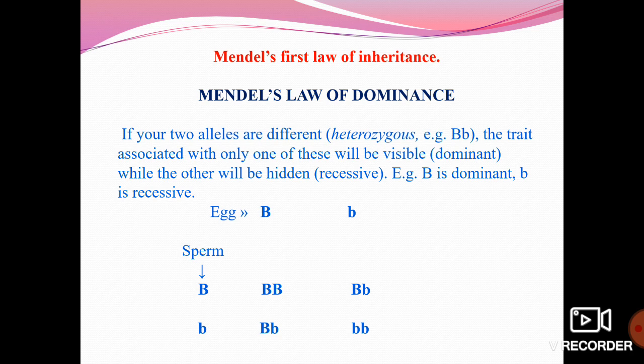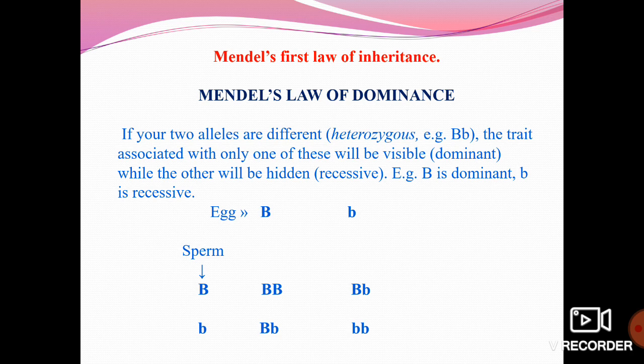The capital T genes, when they segregate, would become one capital T in one sperm, another capital T in another sperm, and the small t would become one small t in one sperm and another small t in another sperm if the dwarf is a male.